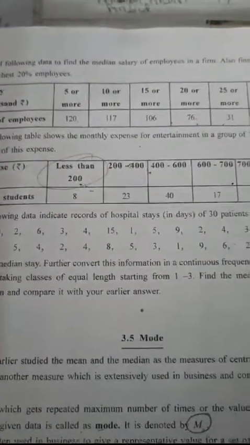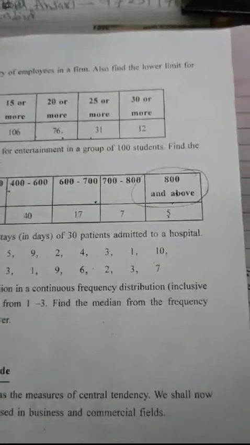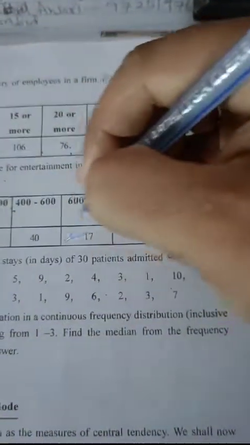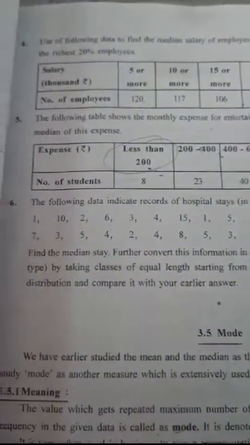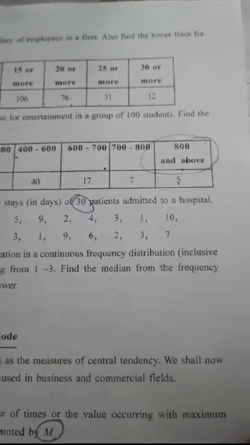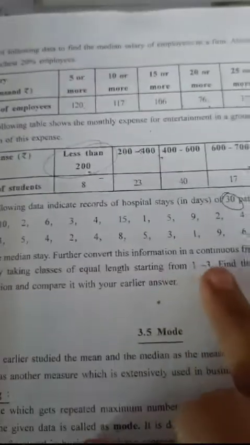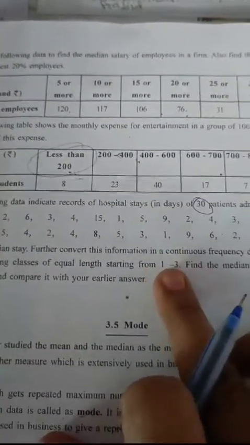The following data indicate records of the hospital stays in days of 30 patients admitted to a hospital. Means here they have specified our number of frequency is what? 30. Okay. Find the median stay. Further convert this information into a continuous frequency distribution, inclusive type. Means we have to make inclusive classes by taking classes of equal length starting from 1 to 3.